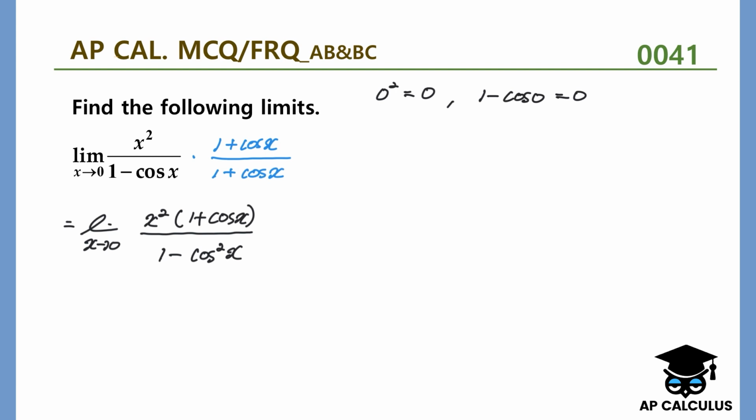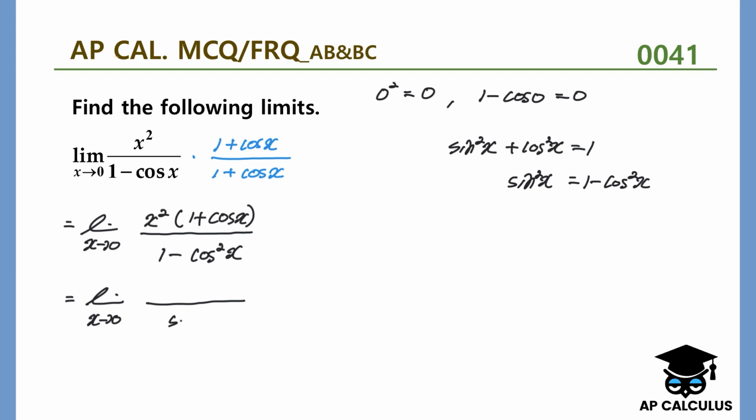From the trigonometric identity, we know that sine squared plus cosine squared is equal to 1, so 1 minus cosine squared is equal to sine squared. So that is equal to the limit as x approaches 0 of x squared times (1 plus cosine x) over sine squared.